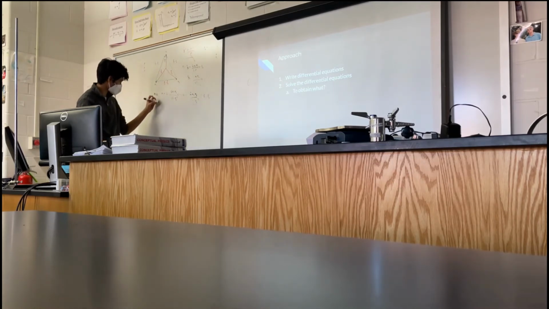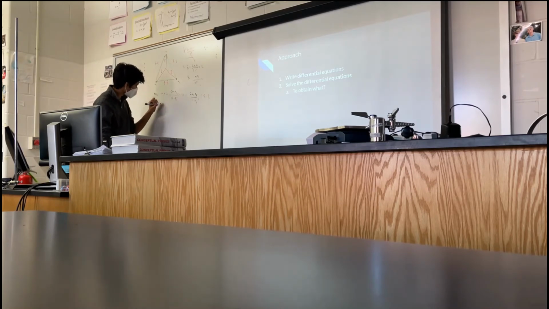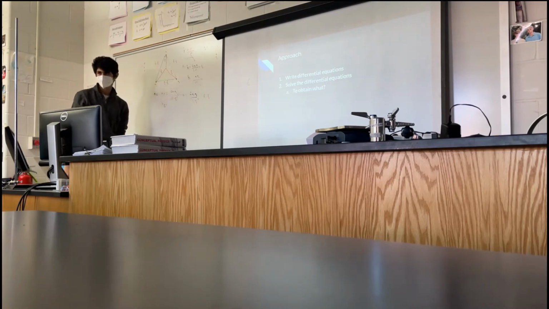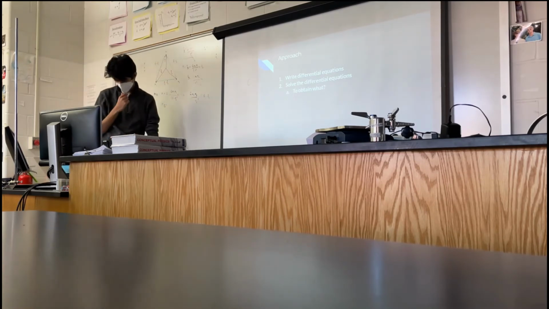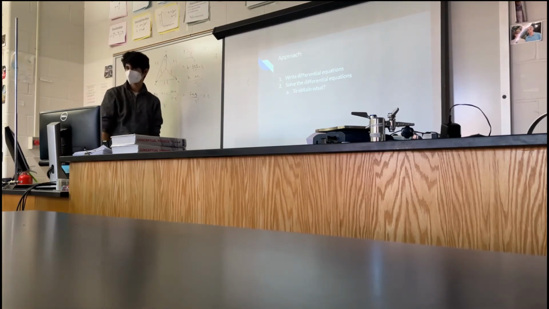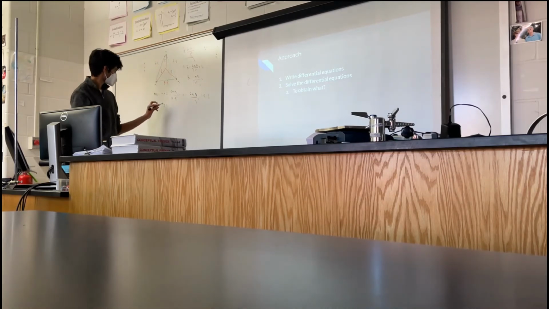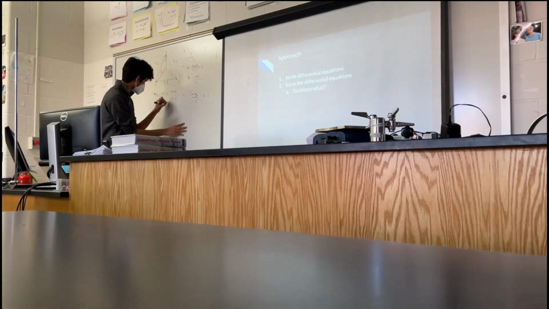Someone has to read it out for me. I refuse to do this myself. So here's M2 right here. It would be G M1 M2 over. Just remember the negative. Oh, yeah, sorry.